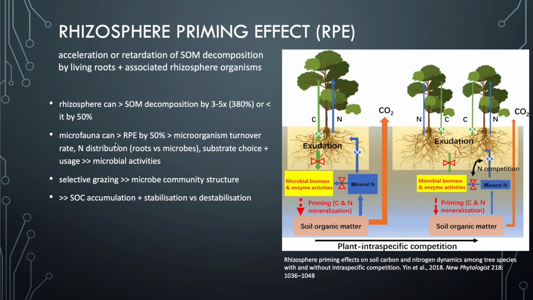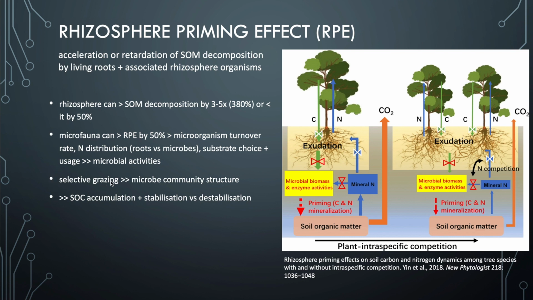The microfauna, so soil protists and other predatory organisms, can actually increase the rhizosphere priming effect by 50%, increase microorganism turnover rate, nitrogen distribution between roots and microbes, and the substrate choice and usage, what they actually feed on. And in turn, this really affects microbial activities.